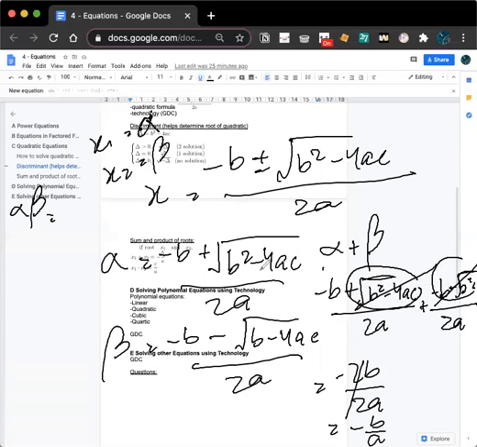If you insert this equation, you're going to eliminate the wait, let me just draw it.